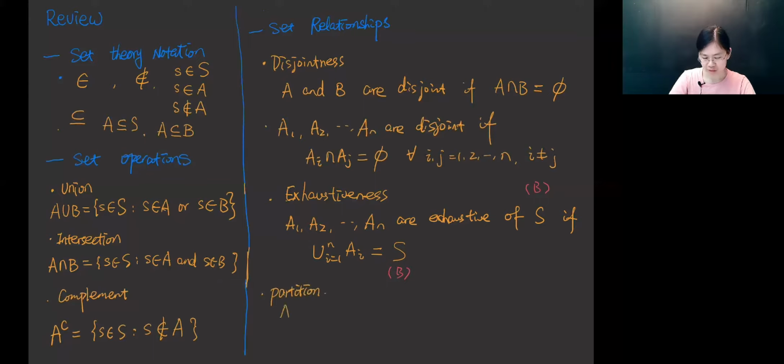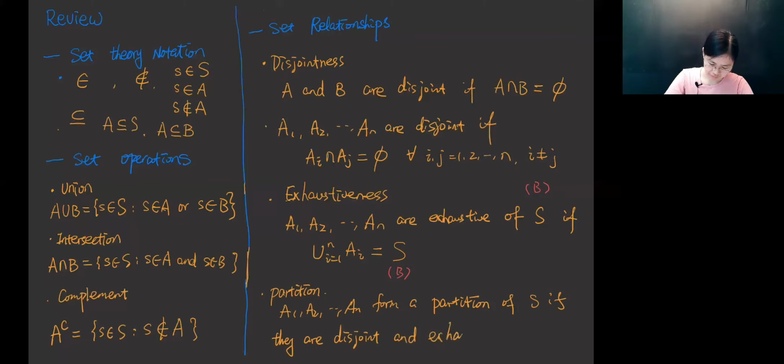A group of events A1, A2, to AN form a partition of S if they are disjoint and exhaustive of S. You could also define a partition of an event B. A group of events form a partition of an event B if they are disjoint and exhaustive of B.